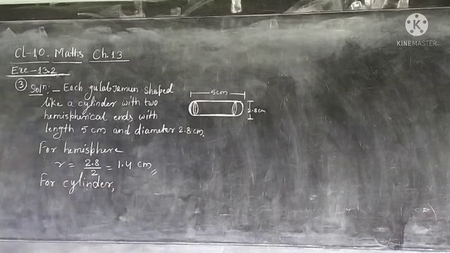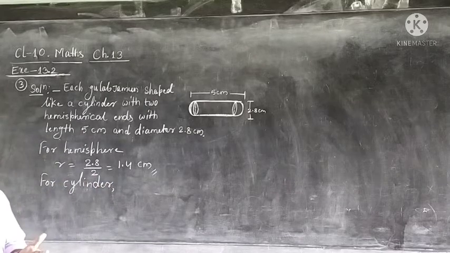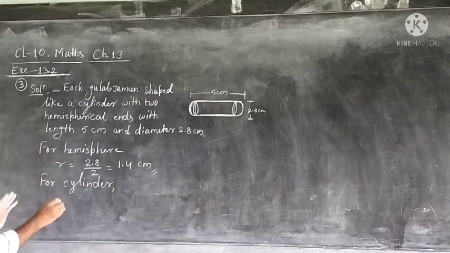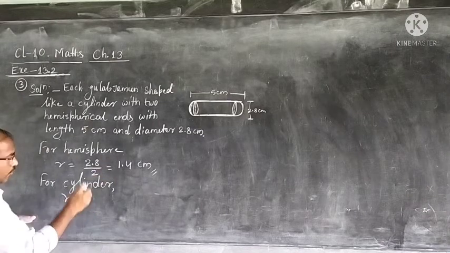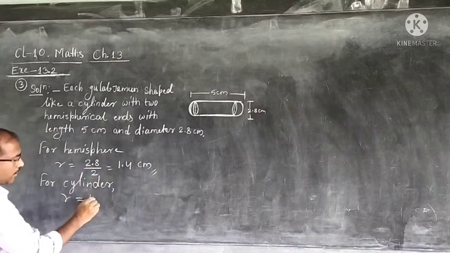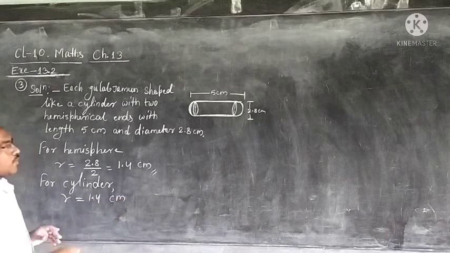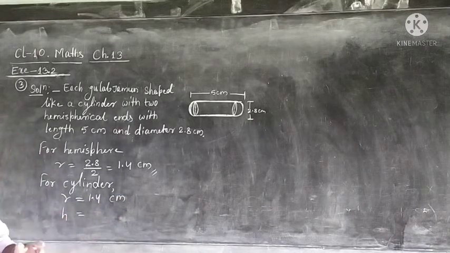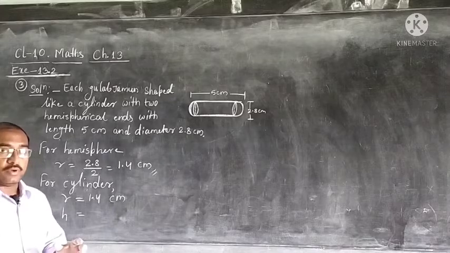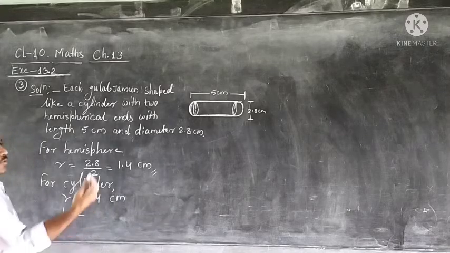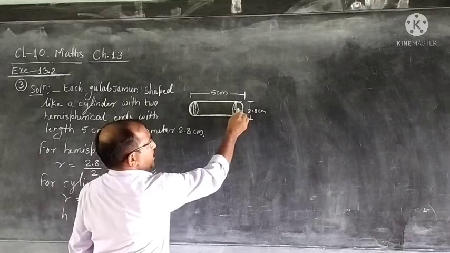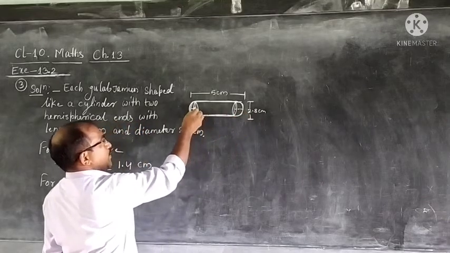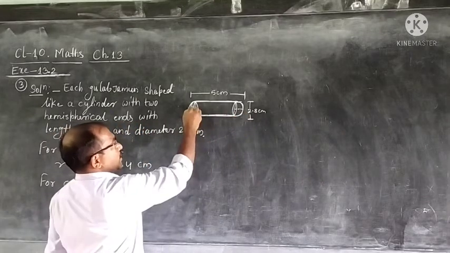What we need for cylinder? Height and radius both. So, radius will be same, that is 2.8 by 2, that is 1.4. But what will be the height? Remind yourself, in the last exercise how did you find the height of the capsule's cylindrical portion?